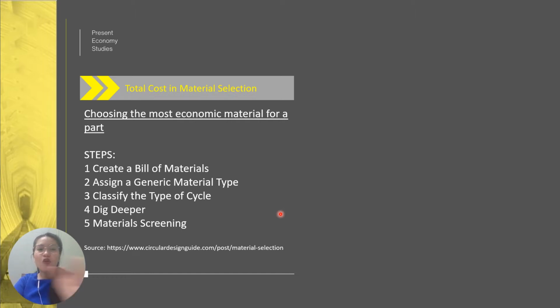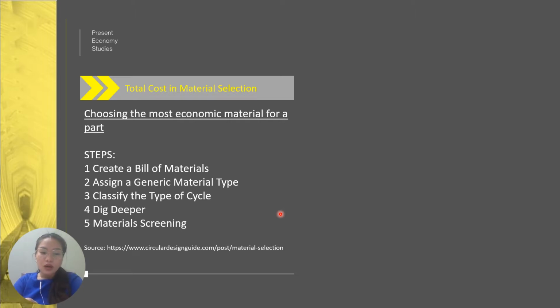Okay, so before choosing, to evaluate what is the most economic material for a part, you can create a bill of materials, or this is being referred to as a BOM, and this is a good way to get an overview of all the different materials in a product.